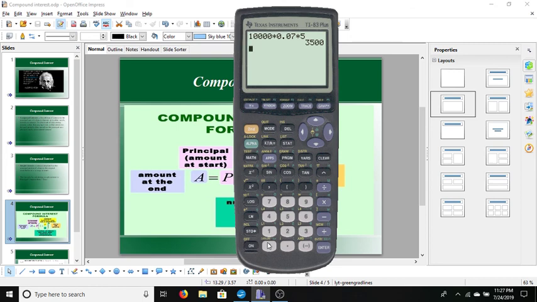Well, the formula says the amount is equal to the principal, which is 10,000, multiplied by 1 plus the interest rate, which is 7%, 0.07, and compounded monthly means n is equal to 12, so we'll divide that by 12.